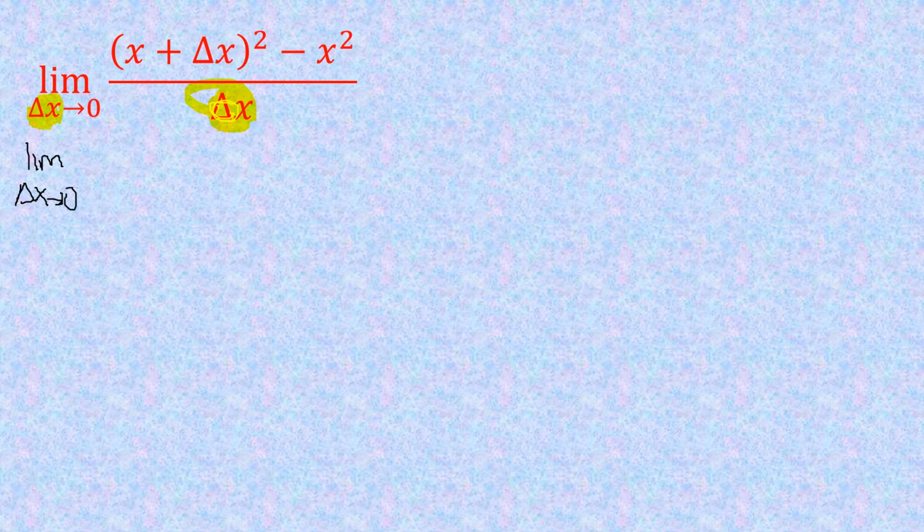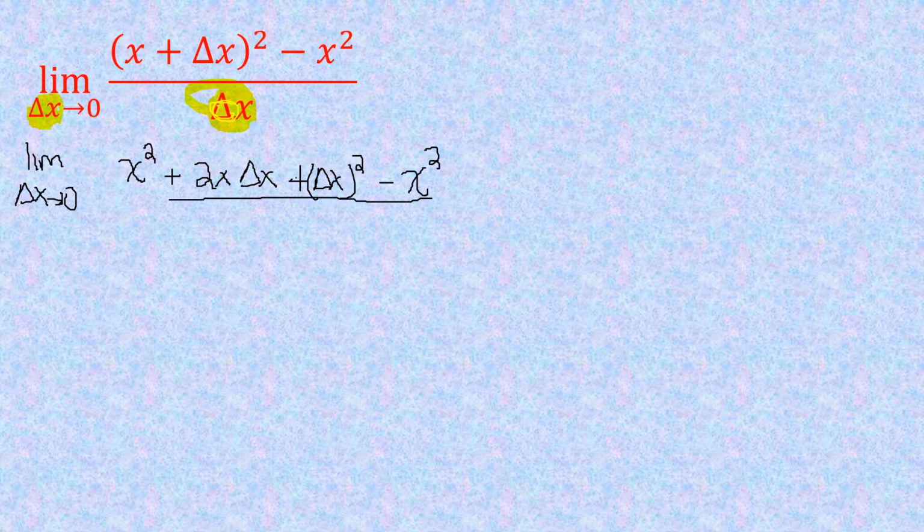And I'm going to multiply that out, and I'm going to get x squared plus 2x delta x plus delta x quantity squared minus x squared all over delta x. Now, if you have a problem with me multiplying that so quickly in my head, again, you can ask that tomorrow during class.